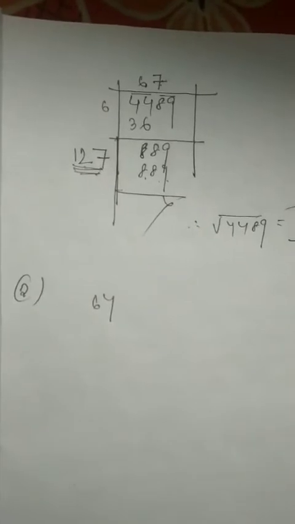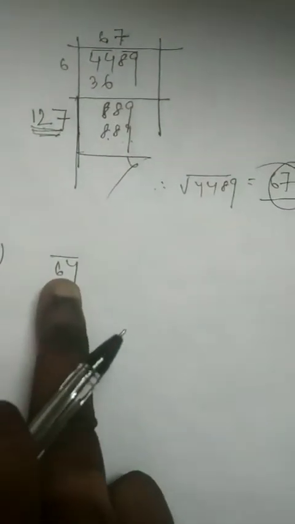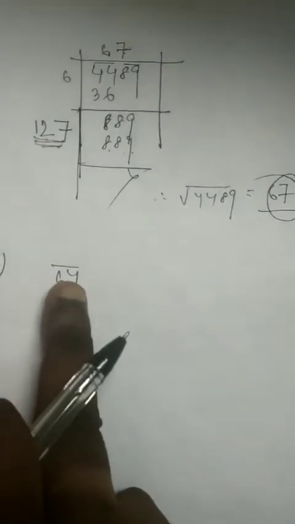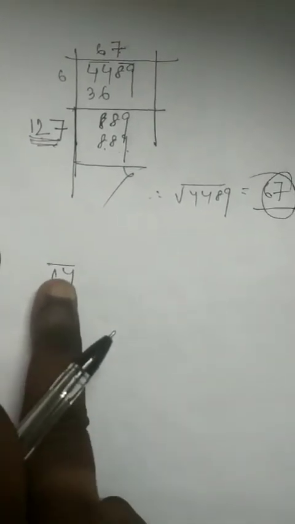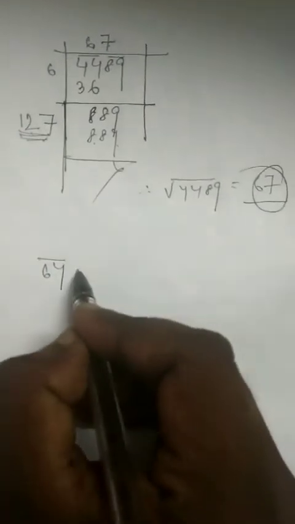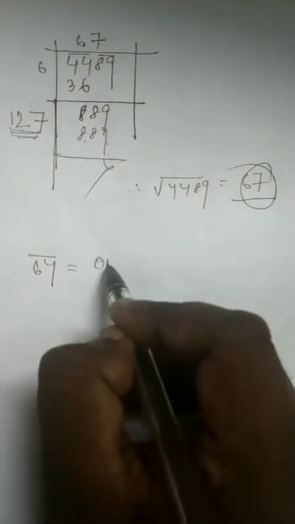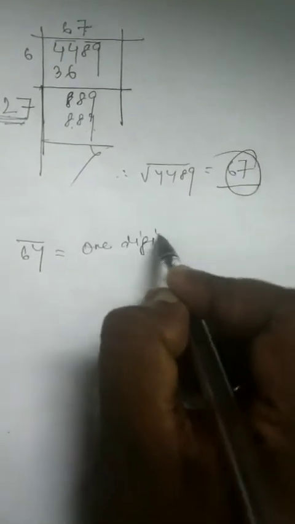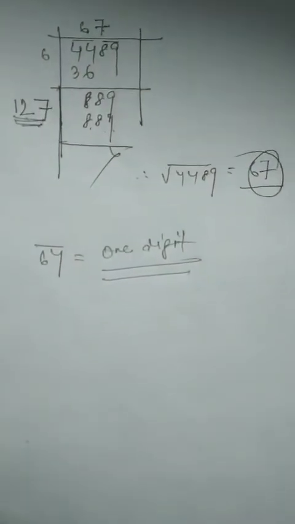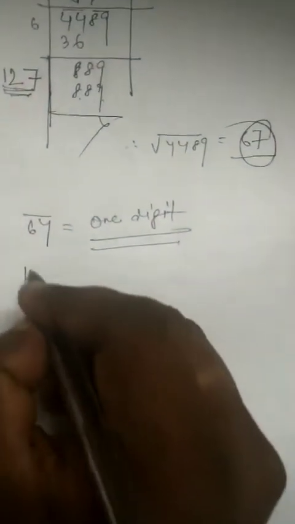2 digits. Let us make a bar. 2 digits means 1 bar. If there is a single bar, the answer will be a 1 digit number. Suppose 144.